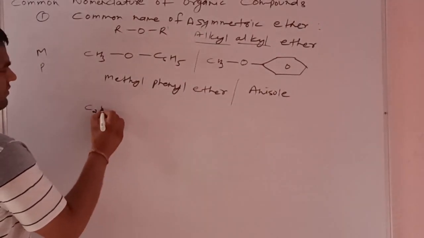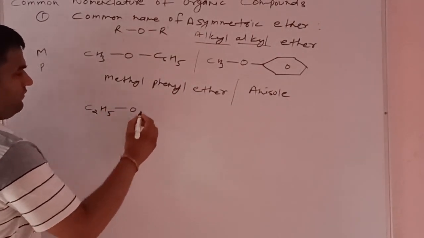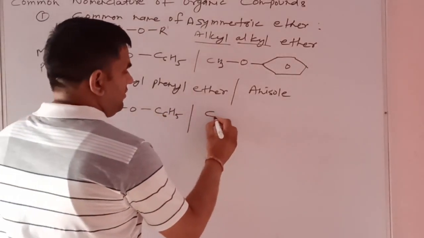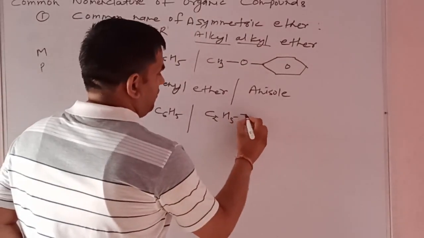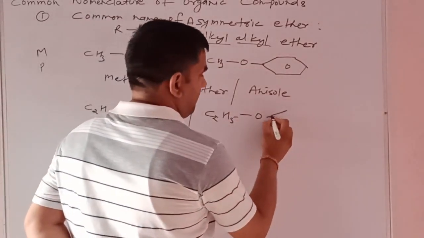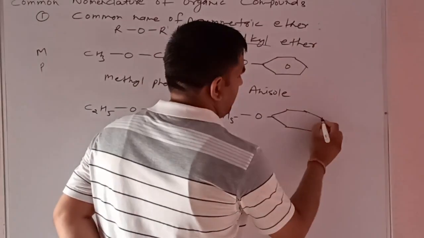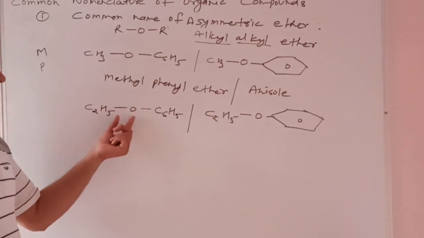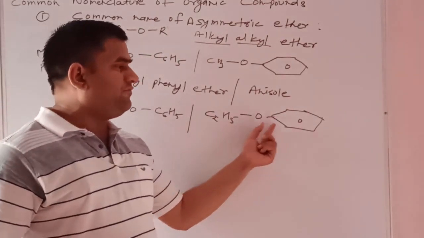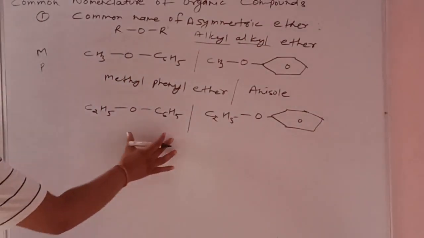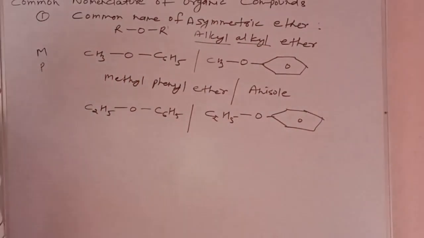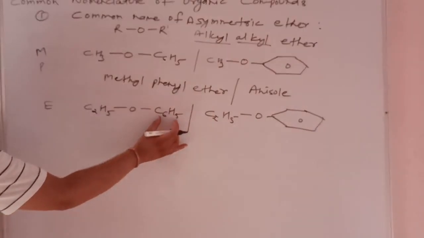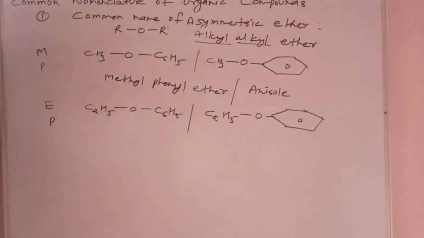Next is C2H5OC6H5. Both are the same: C2H5OC6H5, C2H5O benzene ring. The common name of this ether: for C2H5 ethyl, for C6H5 phenyl.